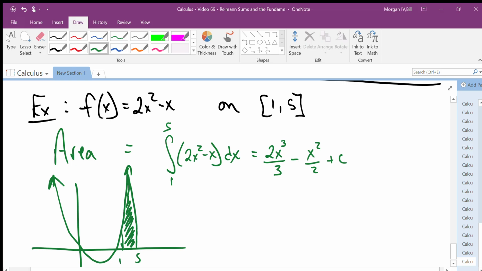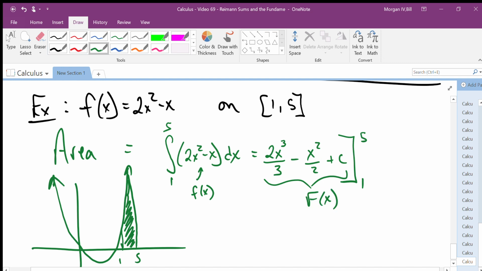Hint, we're going to get rid of that c in just a second. For the notation we use, we put a box here, and then we put the 1 to 5. That way we don't forget that we're evaluating this from 1 to 5. This 2x squared minus x, that's lowercase f of x. This 2/3 x cubed minus x squared over 2 plus c, that's capital F of x.